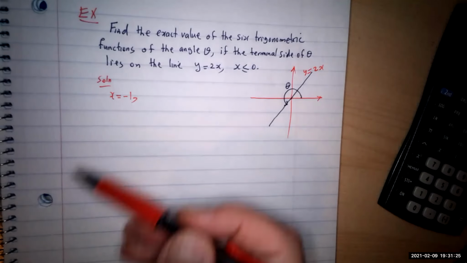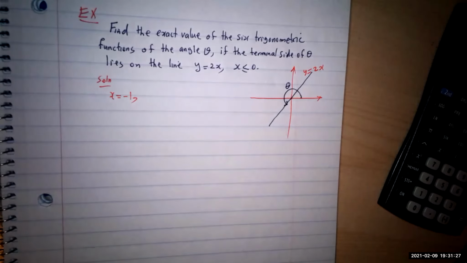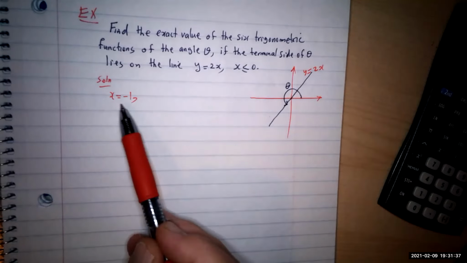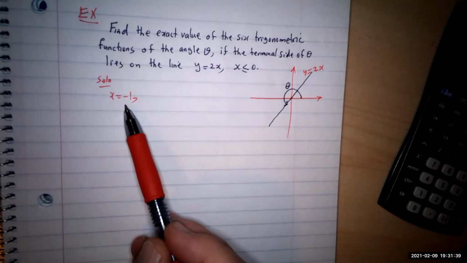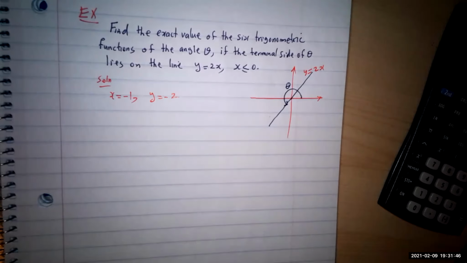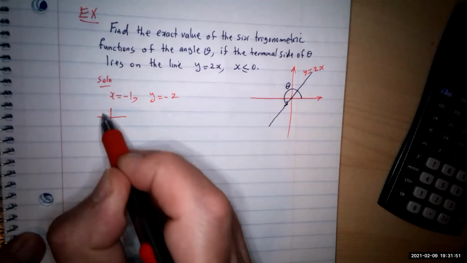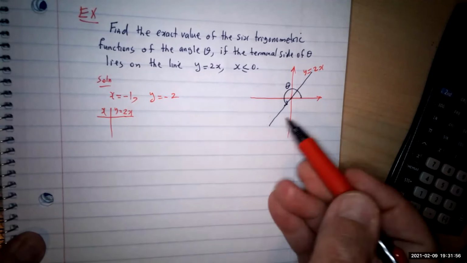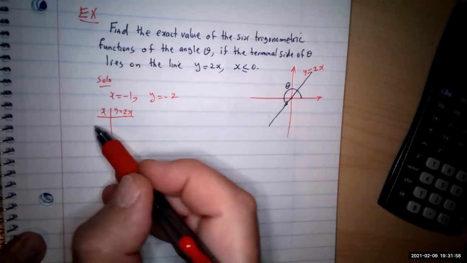So if you start with x equal to -1, what's going to be your y? -2, yes, -2. You have to pick a point. It's like those T charts that we have: the x and the y equals 2x. So you want to make sure you are in the third quadrant. So you start with x equal to -1.